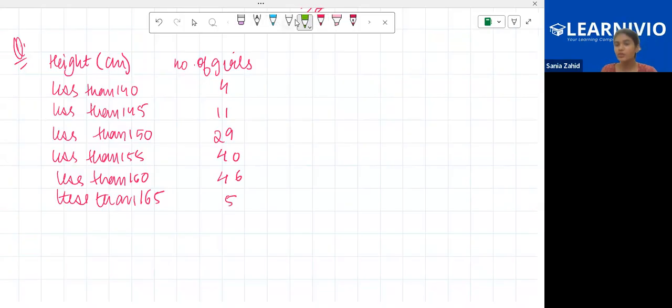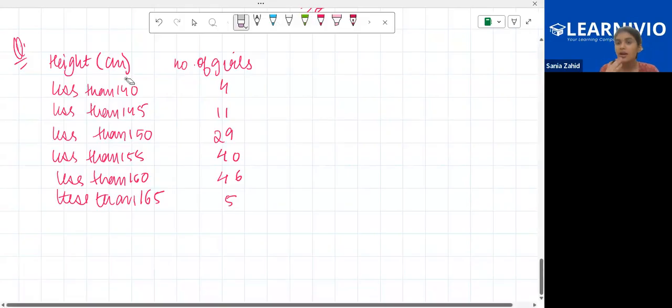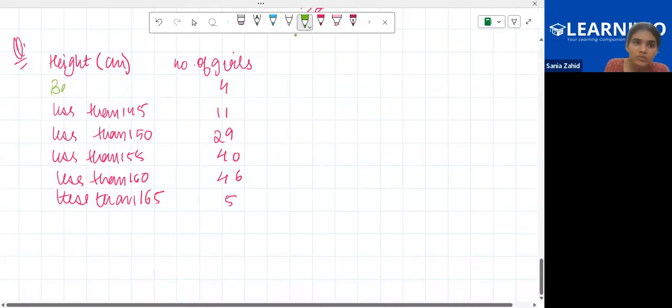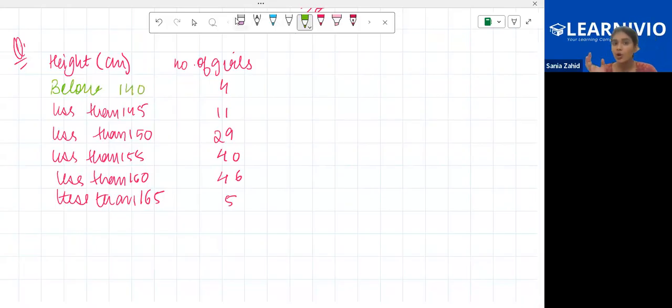Now, first of all, you need to convert this into a grouped frequency distribution. So how will you convert it? Less than 140 means from 0 to 140. Obviously, 50 centimeters and 100 centimeters is a very small height. So what we write over here is below 140 centimeter. Below 140 centimeter, we have 4 girls.